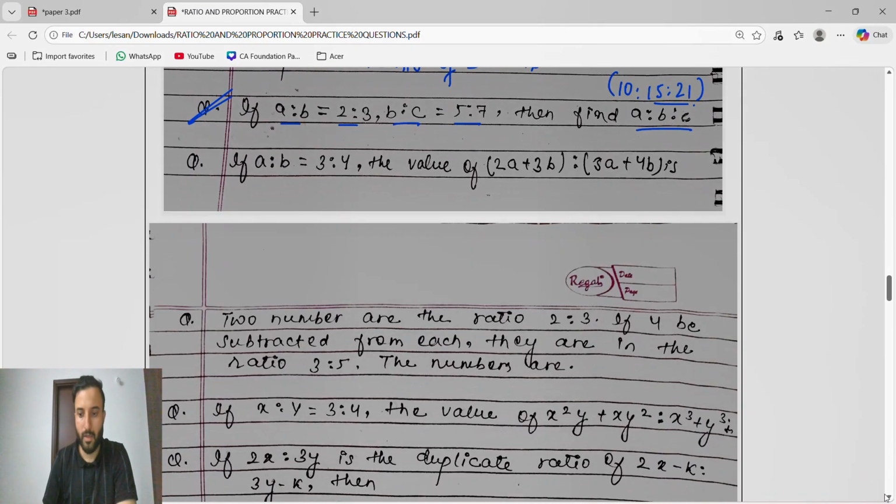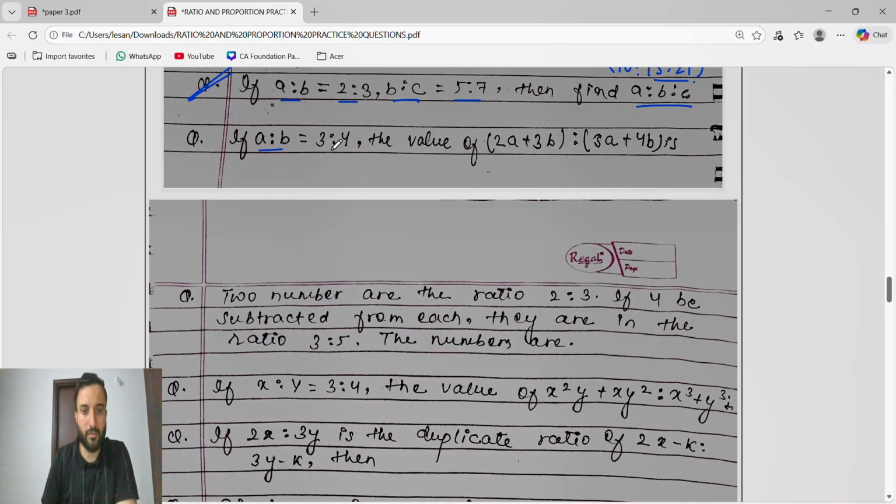Okay, so a is to b is 3 is to 4 means a by b is 3 by 4. You have to find this. Very simple guys, very simple. Just substitute the a value. So a is what? We know numerator equals numerator, denominator equals denominator. A is 3, b is 4.